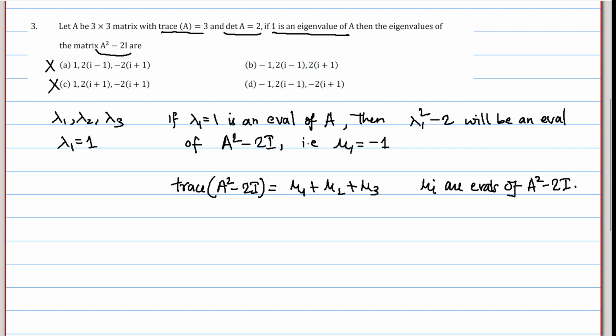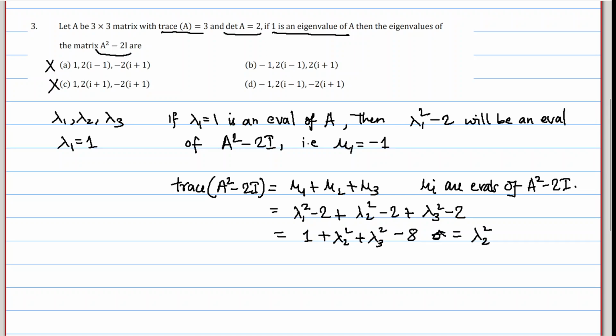Mu 1 is lambda 1 square minus 2, mu 2 is lambda 2 square minus 2, mu 3 is lambda 3 square minus 2. Then we have lambda 1 square, which is 1, plus lambda 2 square plus lambda 3 square, minus 8. That equals lambda 2 square plus lambda 3 square minus 7. Let's keep it here.